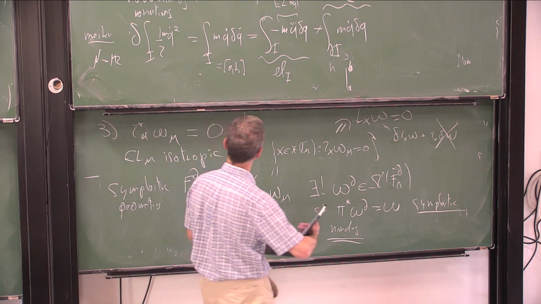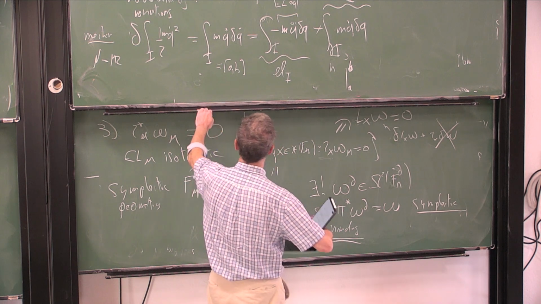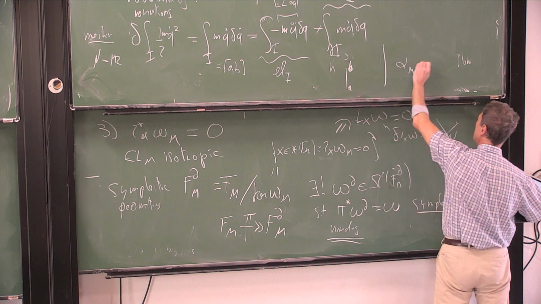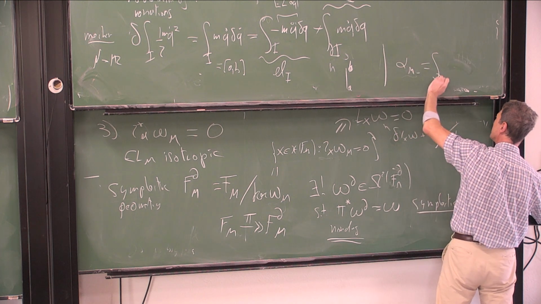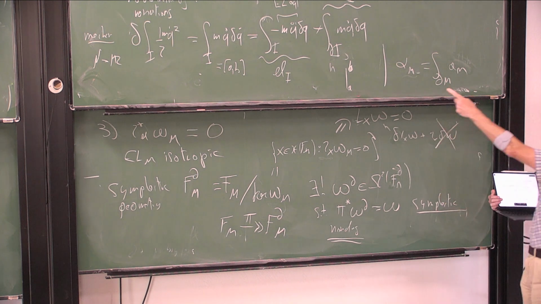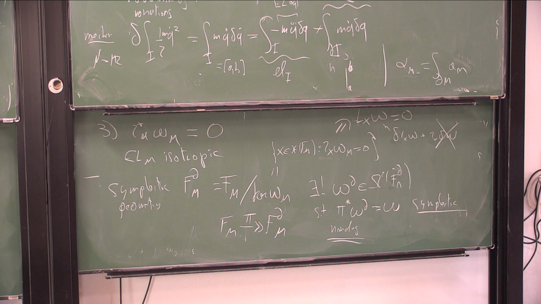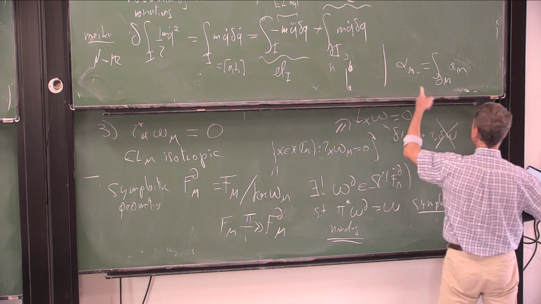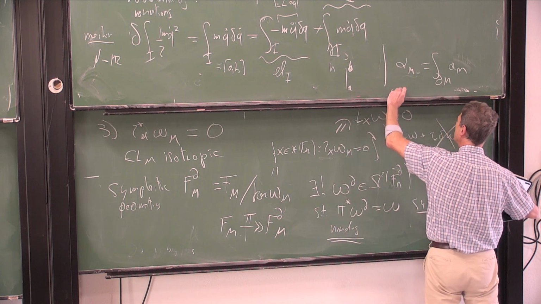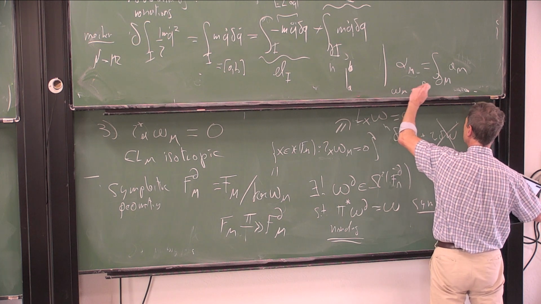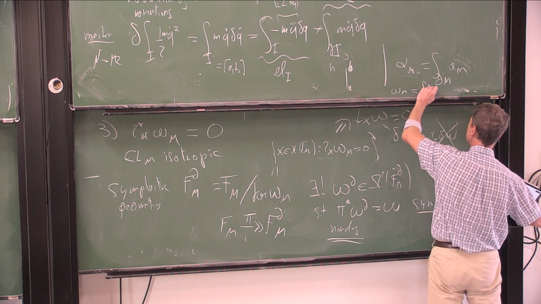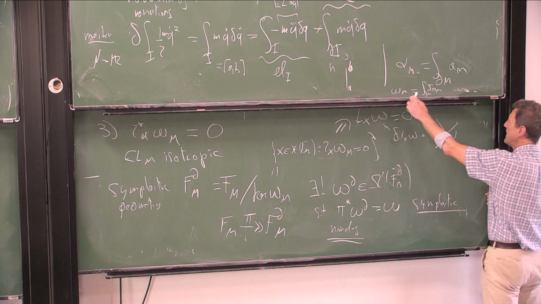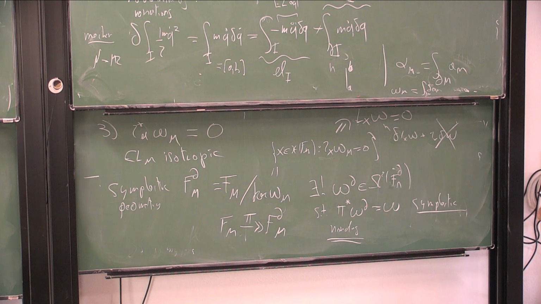As we will see in a moment, actually I can already tell you that since this alpha m turns out to be necessarily of the form of something integrated over the boundary, because the way we obtain it is by integration by parts, the two form omega m, cheating a little bit, only sees the boundary of m.